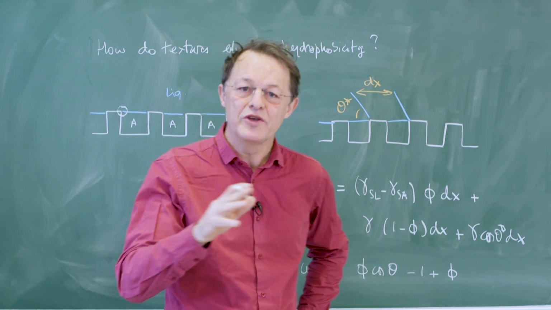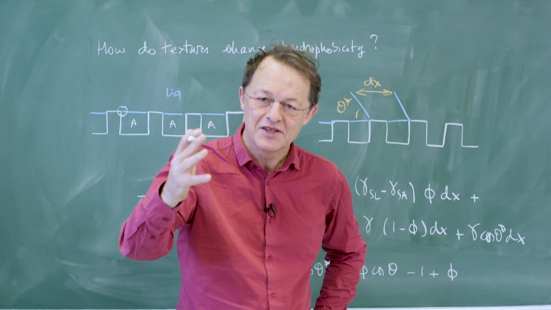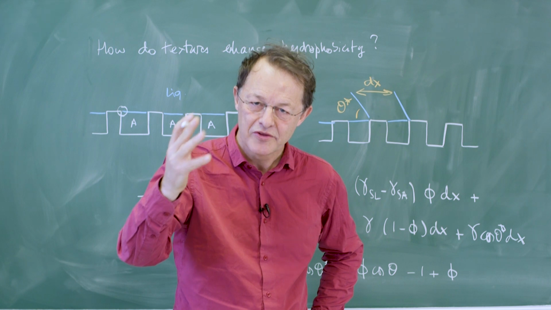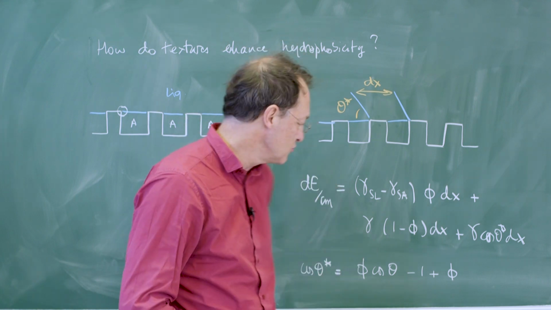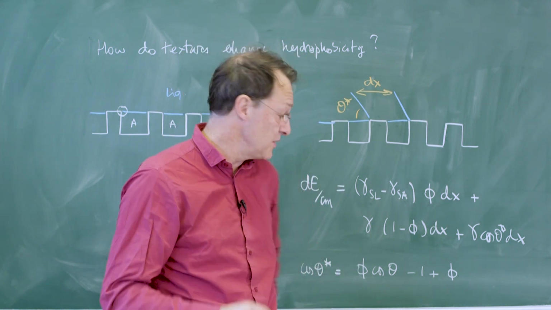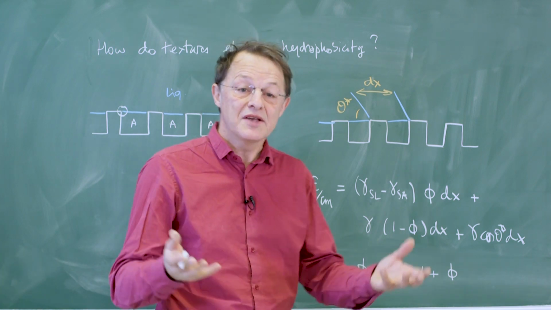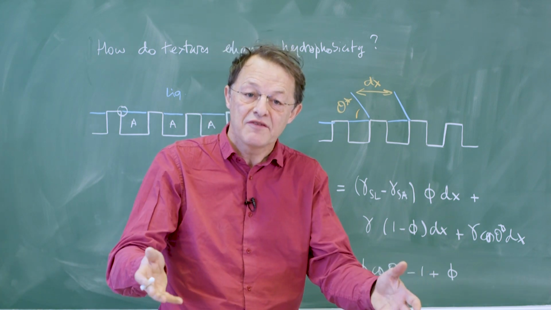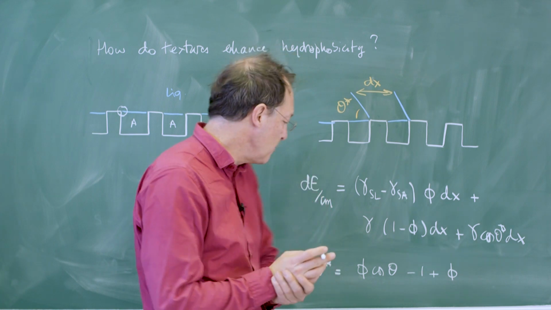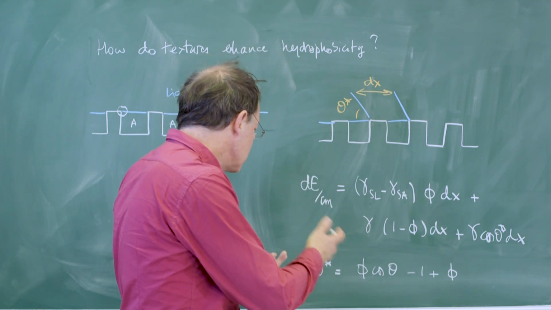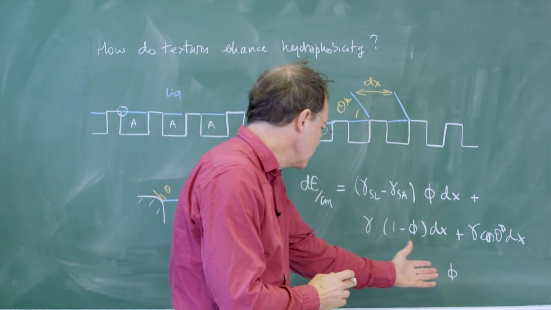So this means that we approach the ultimate limit of contact angle, which is 180 degrees, but we never reach this limit because we are sensitive to the fact that we still have some solid beneath the drop, and this correction is just proportional to phi.